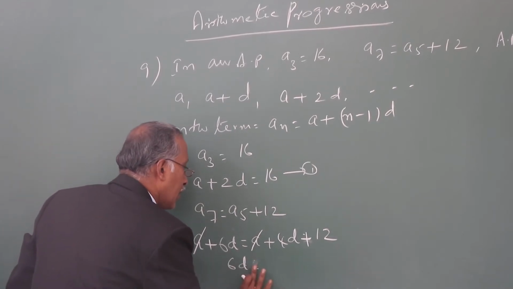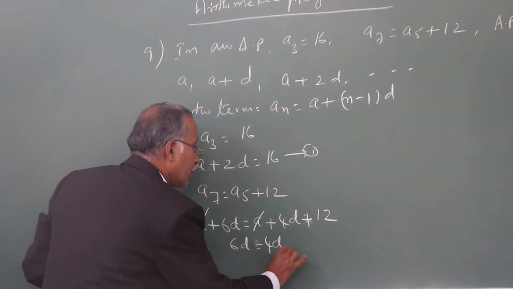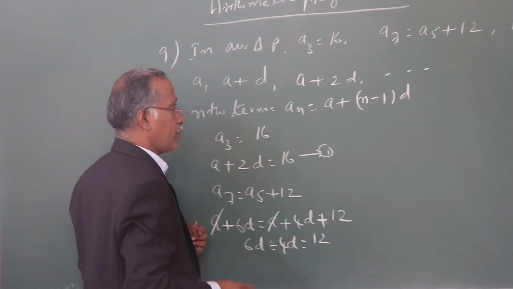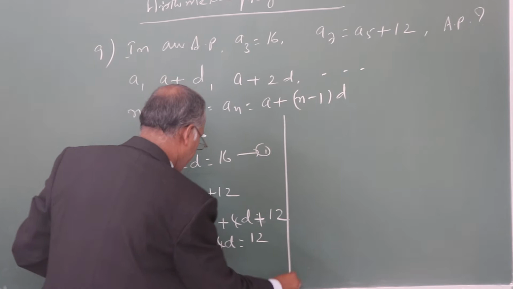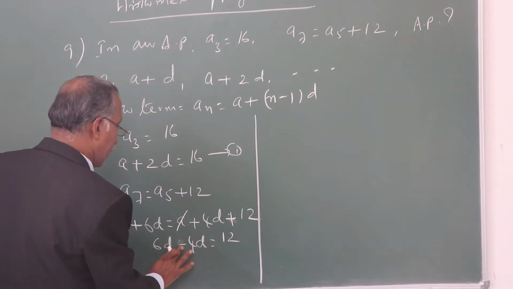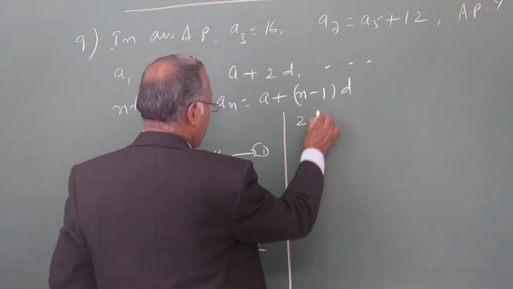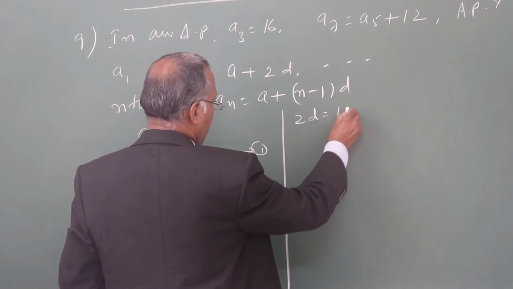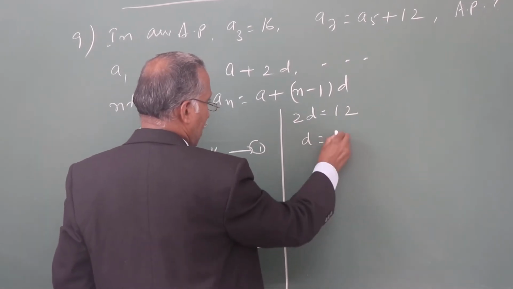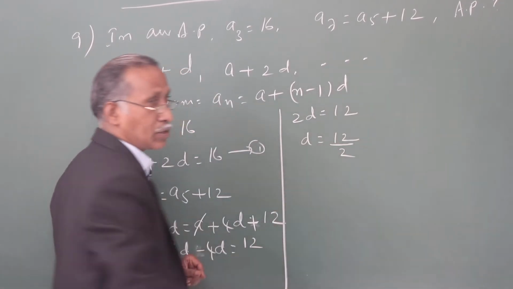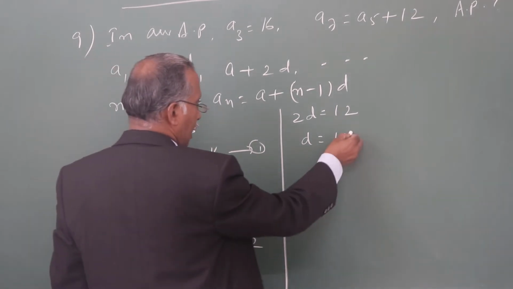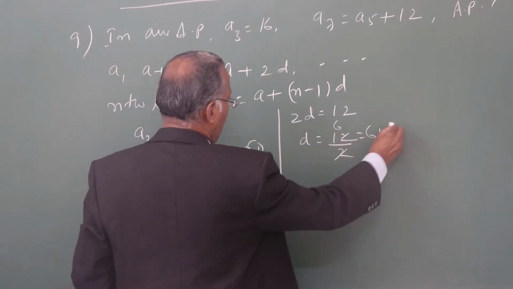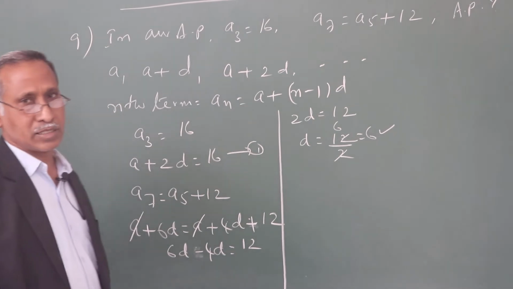Now, let us solve for D. 6D minus 4D equals 12. Therefore, 6D minus 4D is nothing but 2D, which equals 12. So D equals 12 by 2. 2 sixes are 12, we have got the common difference as 6.